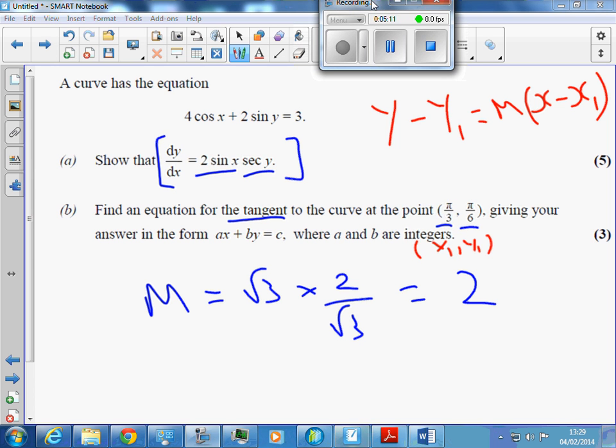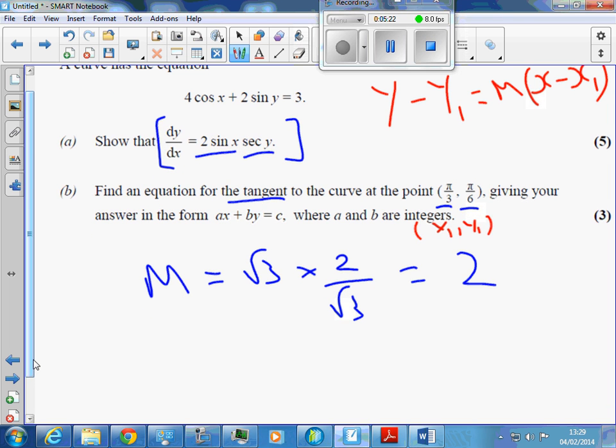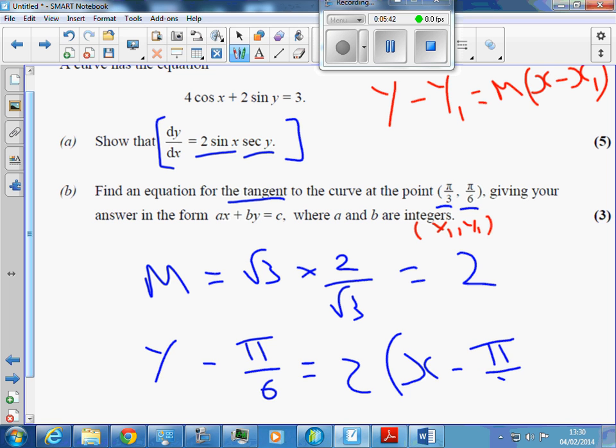If we're given 2 points, we can choose one of them to be x1, y1. Here we have 1 point, so we have no choice. So y minus pi by 6 is equal to 2 times x minus pi by 3.